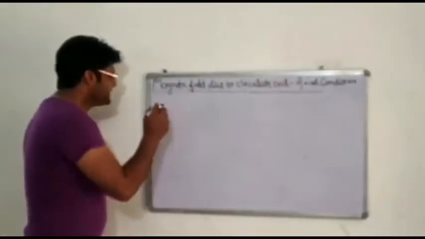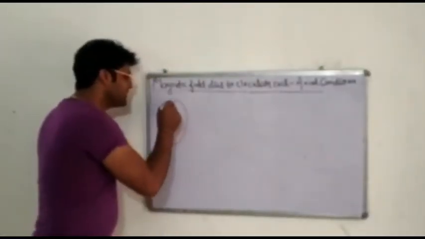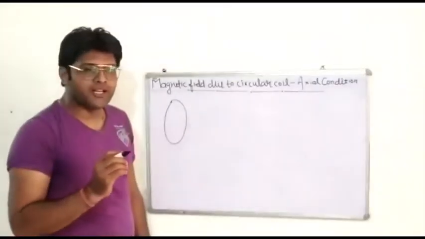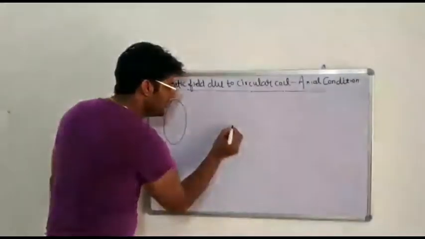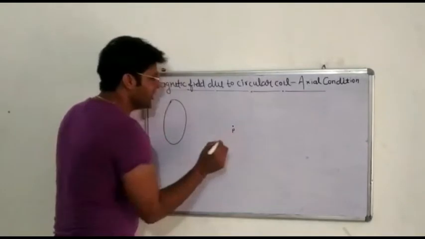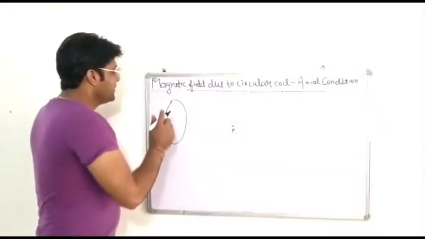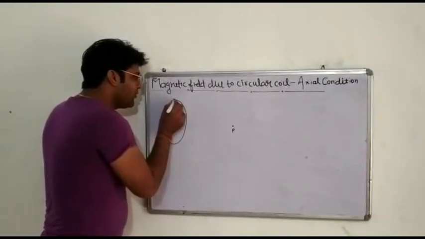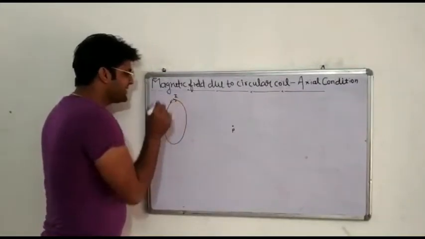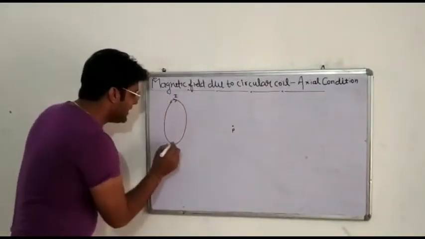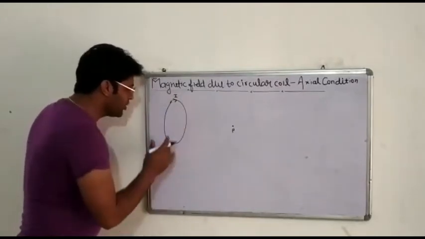So dear students, suppose that this is a current carrying circular coil and here we wish this point at which we will find the magnetic field. Dear students, the direction of flow of current we can consider like this. This is I, and in this loop current is flowing clockwise.